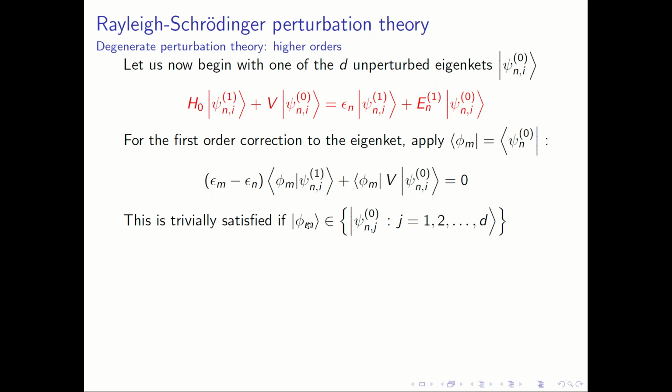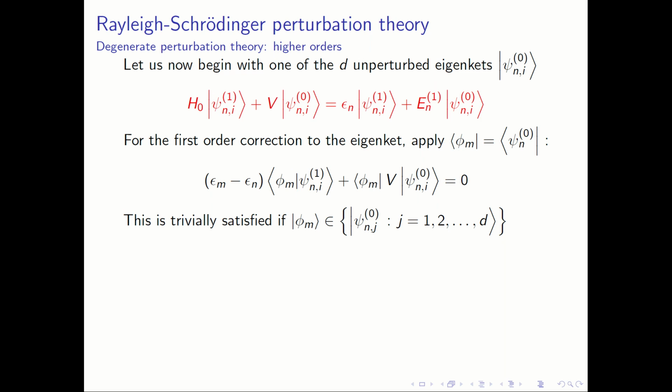Now if phi m belongs to any of these degenerate eigenvalues, or at least 0th order degenerate eigenvalues, epsilon m and epsilon n would be equal, so this will vanish. But then we know that psi n0 j, which is what phi m is, V psi n0 I, must be 0 because we have diagonalized the matrix V, right?